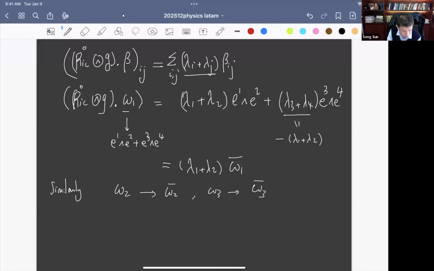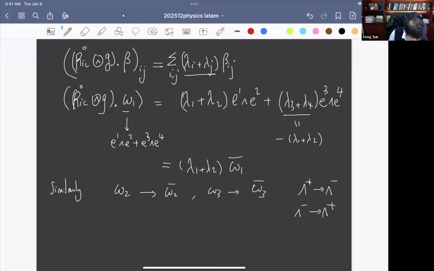So it maps lambda plus to lambda minus, and similarly it maps lambda minus to lambda plus. That's why the traceless Ricci appears in the off-diagonal term.